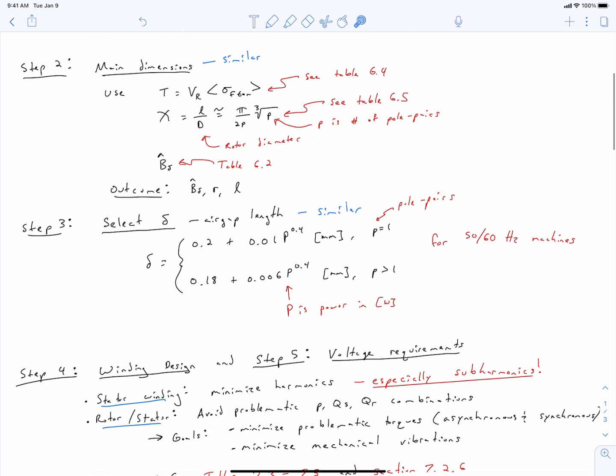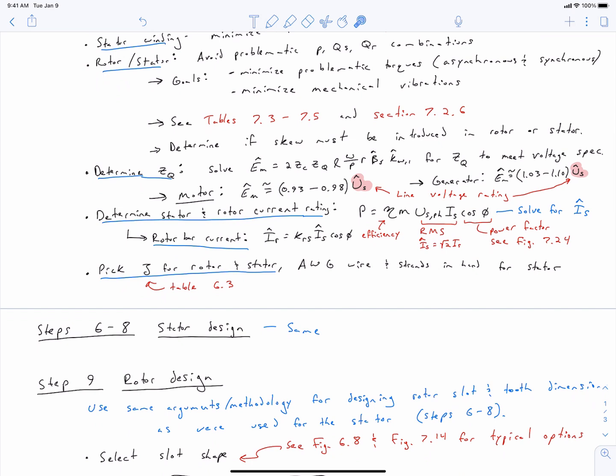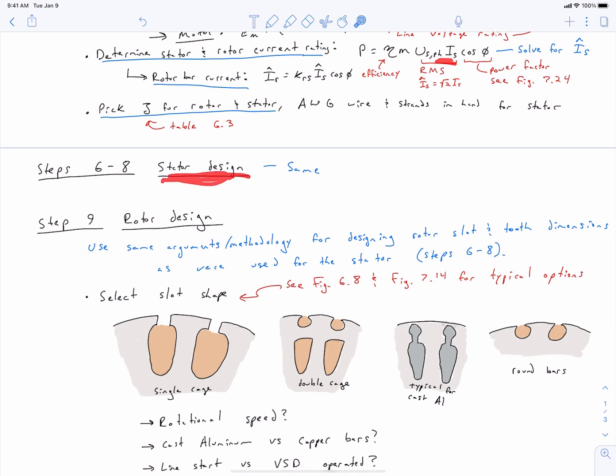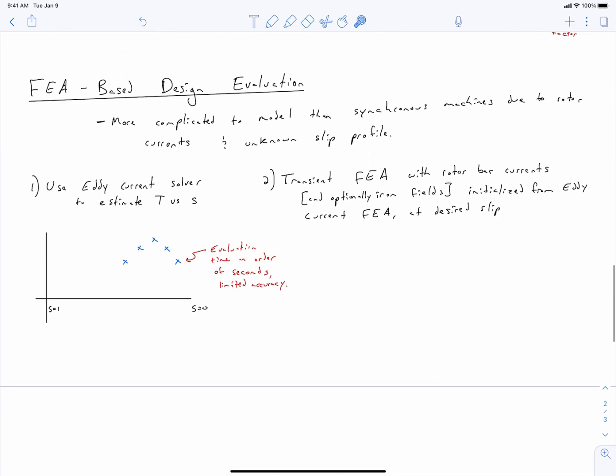We use theory that we've developed in the course so far to come up with ways to determine key quantities in our machine design, whether it's our rotor current, our stator current, the size and dimensions of our stator and rotor slots. And finally, we've outlined a FEA-based design evaluation approach that can be used to model this machine for use with the optimization algorithm.